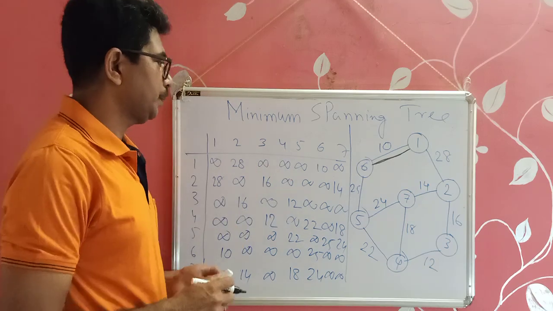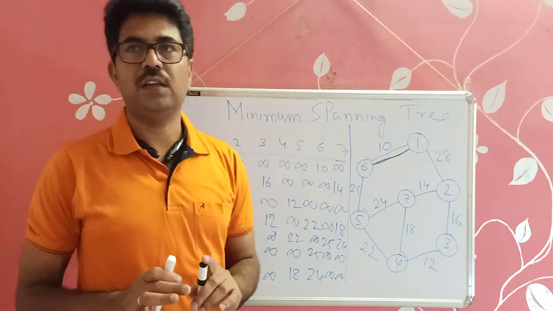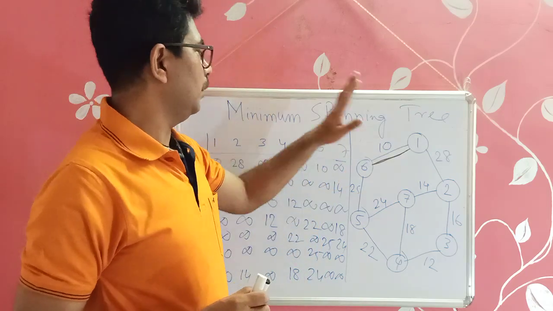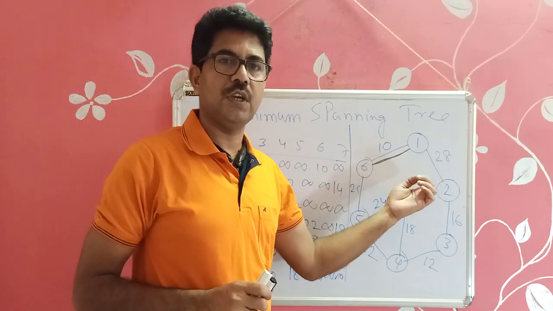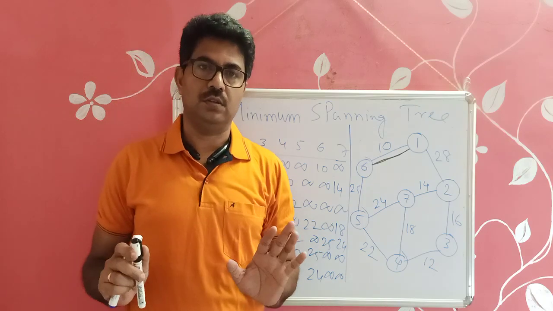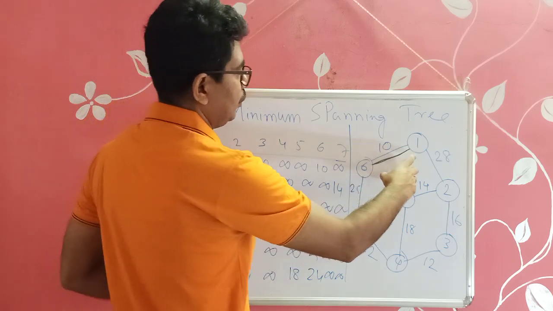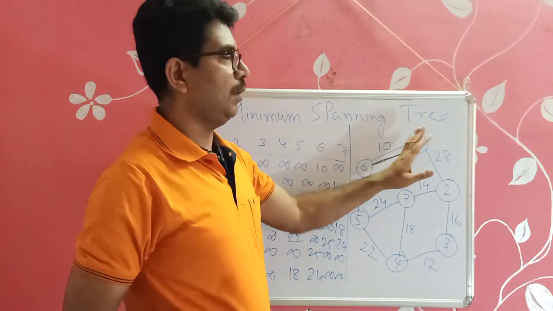Now think about what a tree is. A tree is an acyclic connected graph, right? So acyclic means whatever algorithm we execute here, we always have to check whether the new edge is creating any cycle or not. Since this is the first execution, when we select this edge 1 6 we do not have to check anything.